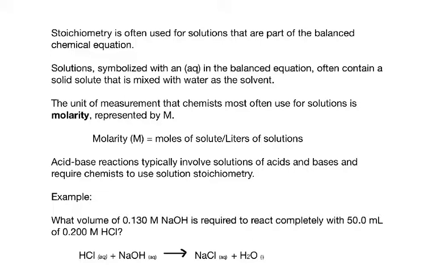So even the most concentrated acid, like sulfuric acid, you can get as an 18 molar solution. What that means is you have 18 moles of sulfuric acid dissolved in every liter of water.